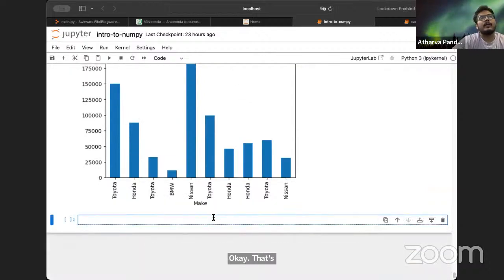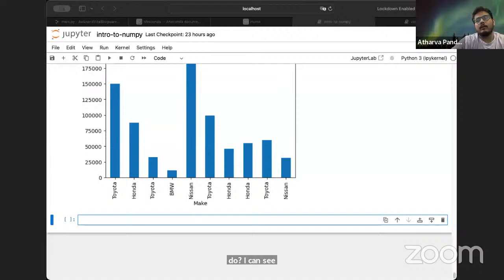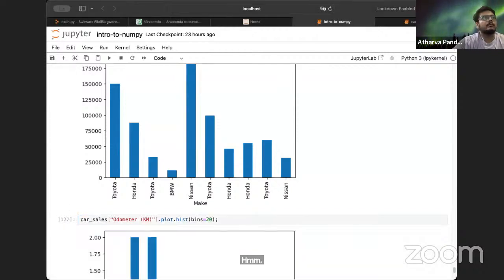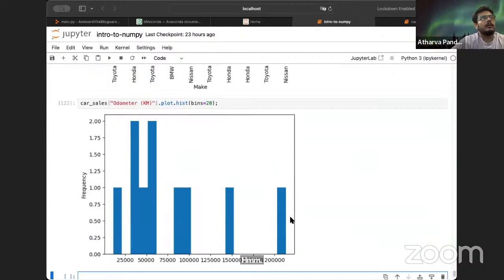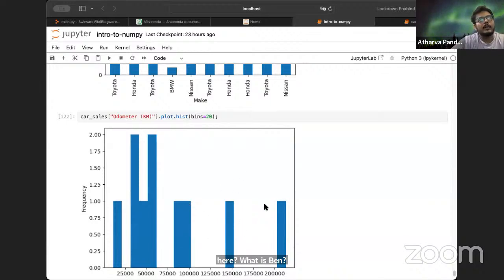That's it. Okay. Now, if I want a histogram, what can I do? I can say something like this. Now, what is bins here? Bins is basically the width that we are expecting.